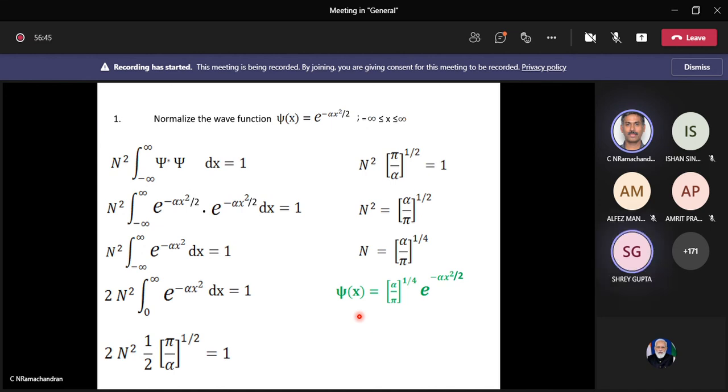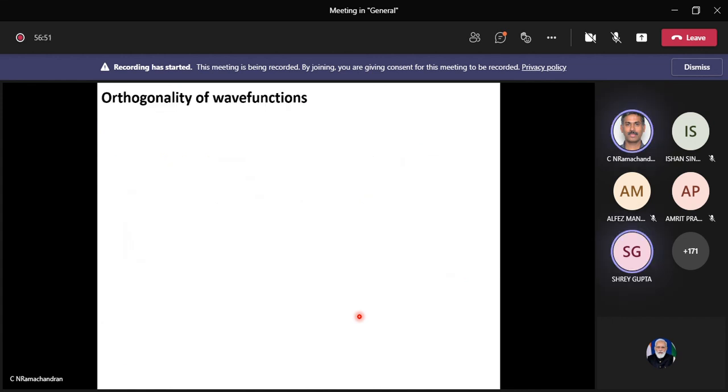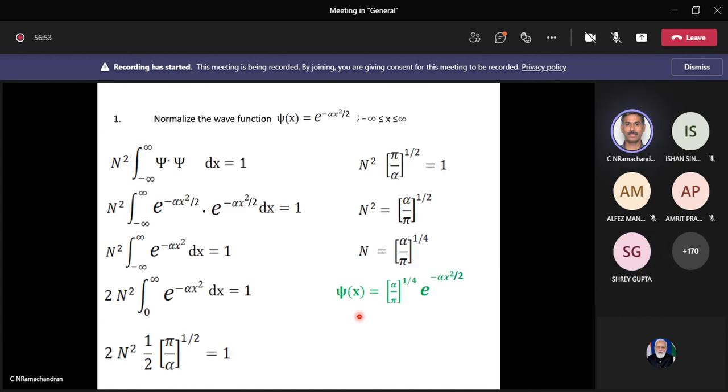Now those who want can leave. Sir, there are many things to discuss, but we will discuss them in the next class. Yeah, please. Till now we have been taught that e to the power minus alpha x square dx is not integrable. Yes, sir. I have to read that.